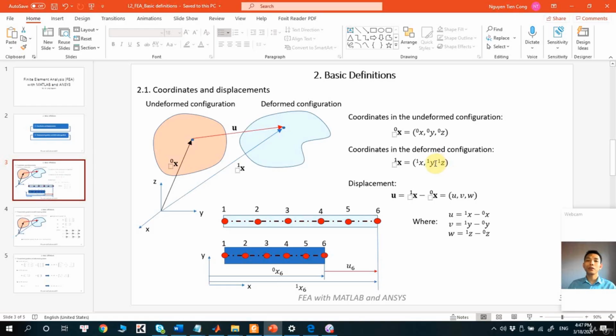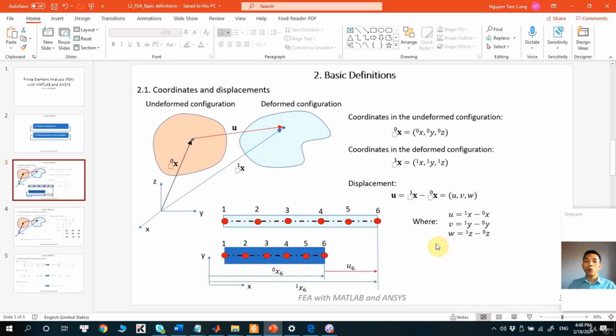So the displacement of this material point is denoted by vector u, where u equals x1 minus x0, and it includes three components: u, v, and w, where u equals x1 minus x0, v equals y1 minus y0, and w equals z1 minus z0.